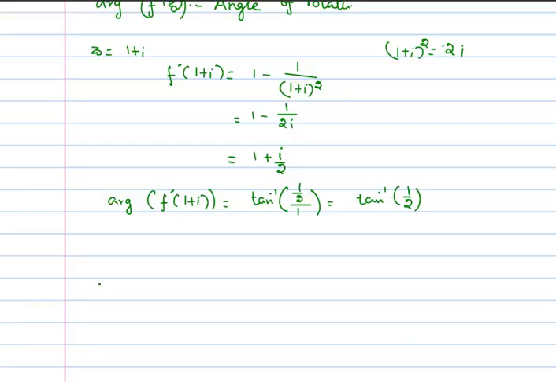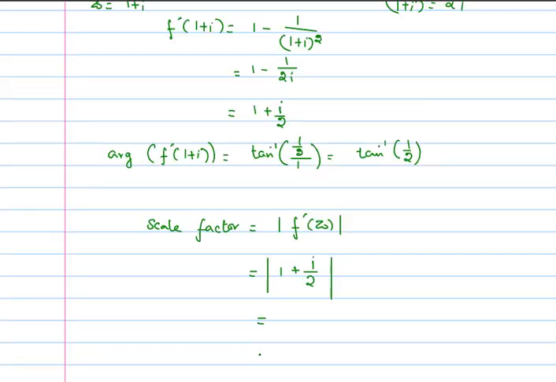Now the scale factor. The scale factor equals the absolute value of f prime of z0. This is the formula. Now f prime of 1 plus i is (1 plus i) over 2, so we take the absolute value.